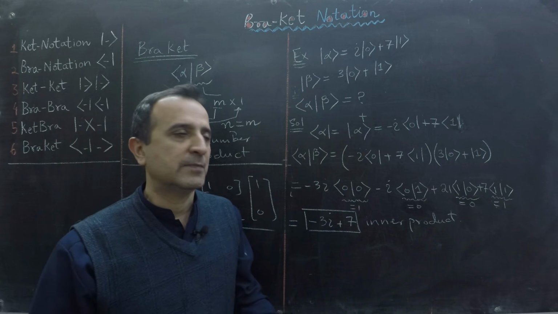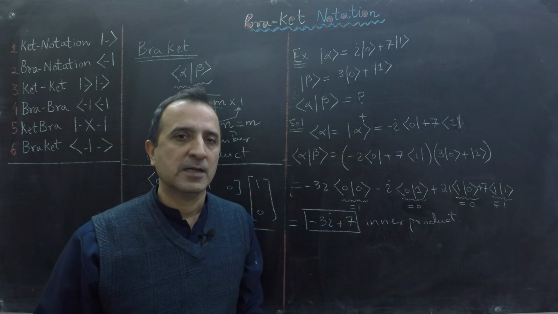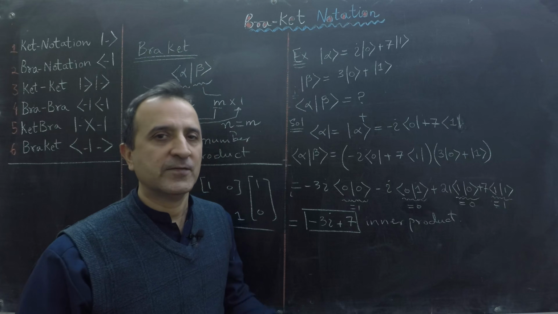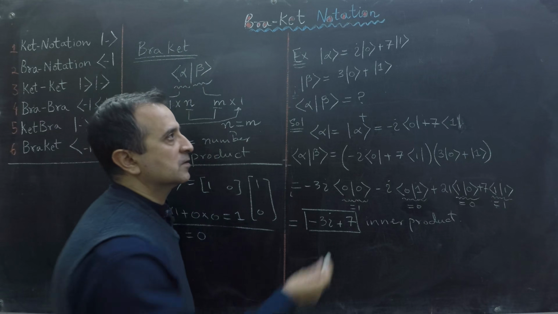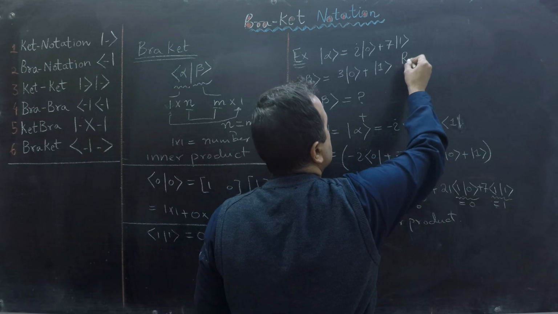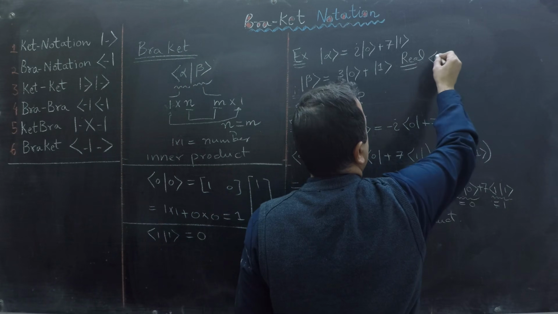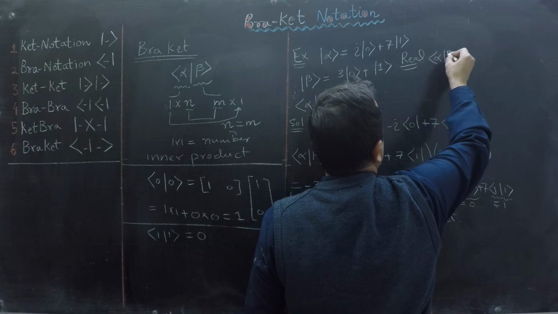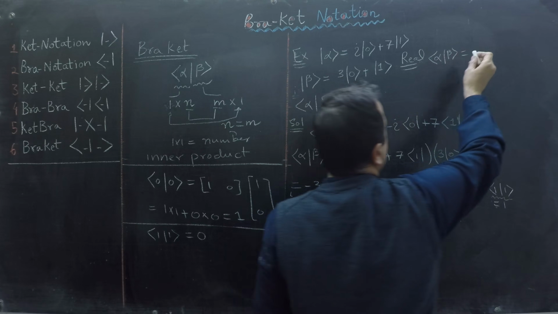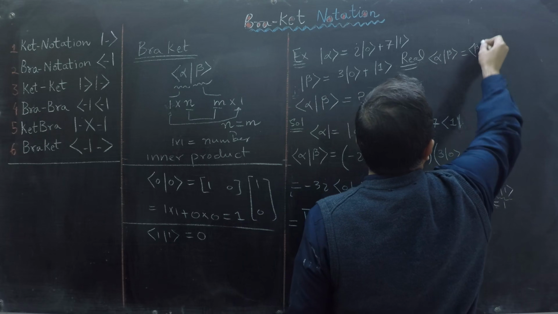Now, please remember that the inner product is not commutative in general. So, for real numbers, I can say that bra alpha ket beta is equal to bra beta ket alpha.